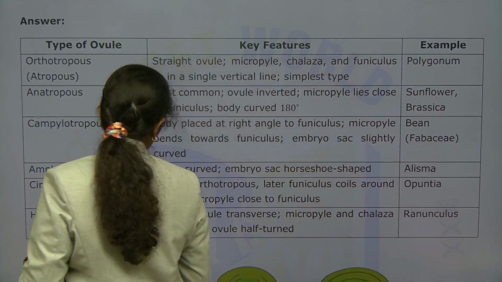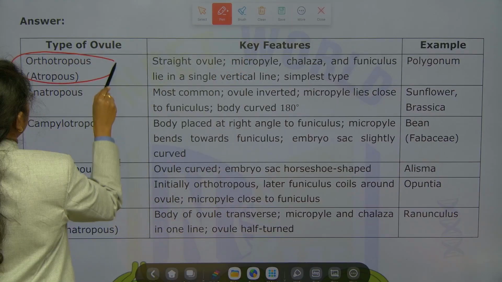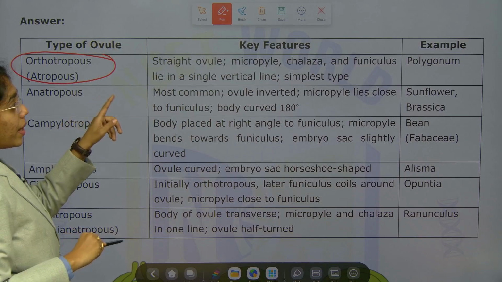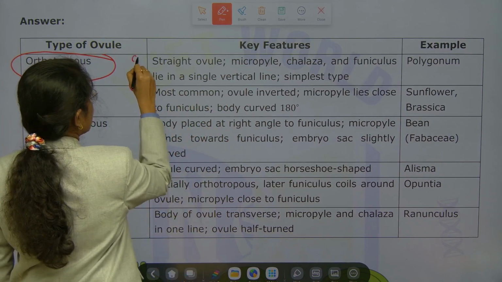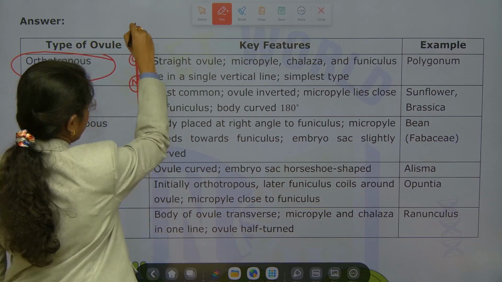First is orthotropous ovule or atropous ovule, which is a straight ovule where micropyle, chalaza and funicle will be on the same vertical line.